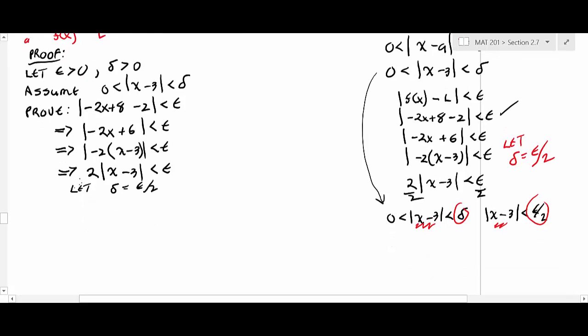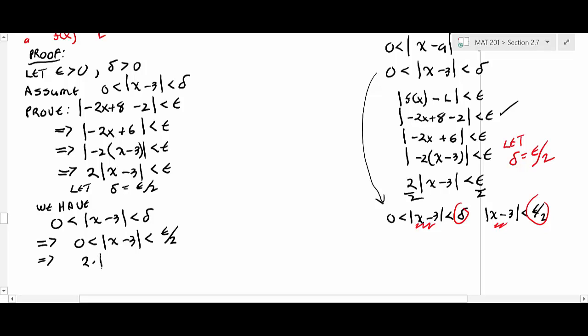So this is the assumption we make: 0 < |x − 3| < delta. Then what we get is 0 < |x − 3| < epsilon/2. Then we can multiply both sides by 2. I'm just going to ignore the 0 part because I've got that established.